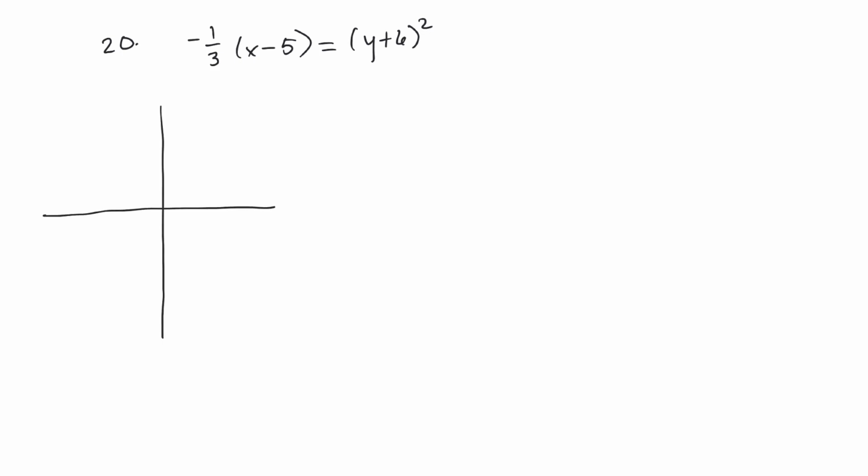And so in 20 you have negative 1/3 (x minus 5) equals (y plus 6) squared. I'm asked to graph this equation. Graphing it on graph paper is a much easier task, so always have some of that ready rather than doing it like I'm about to do.